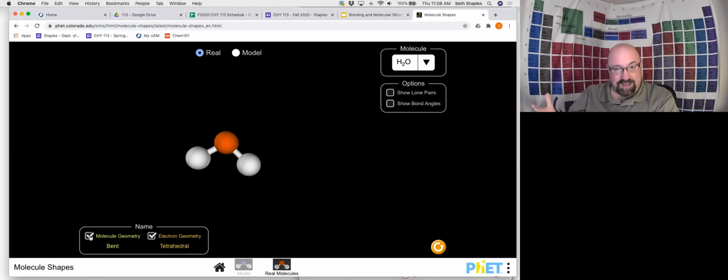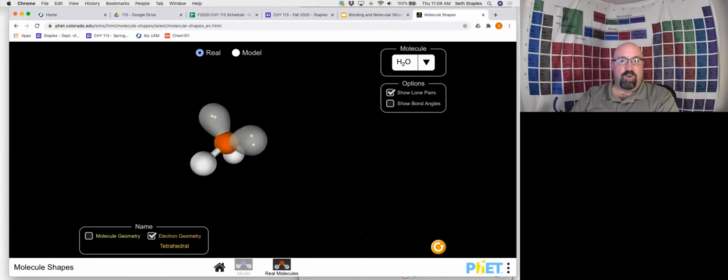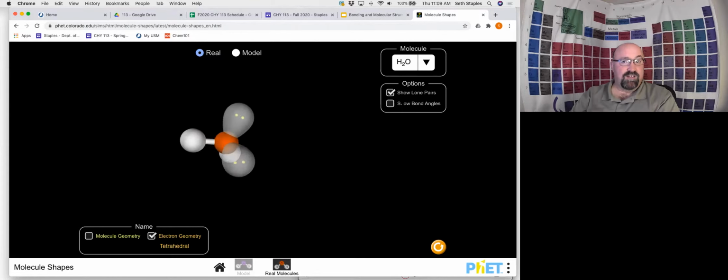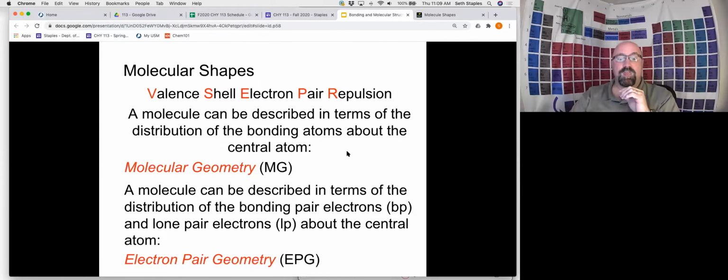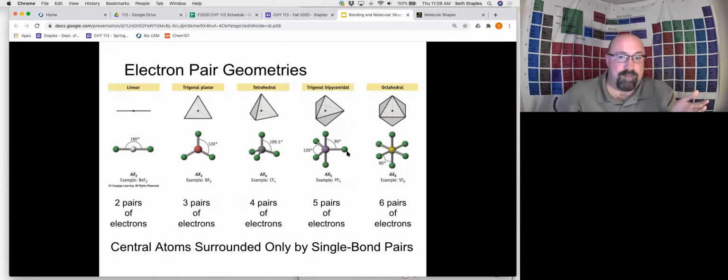And again, we're going to look at how we actually determine these, and the tools to use to determine these names. But this is just to show us the difference between just our straight up molecular geometry of the atoms, but also the electron geometry that takes into account all electrons around that central atom. And so let's just go through and build up from scratch.